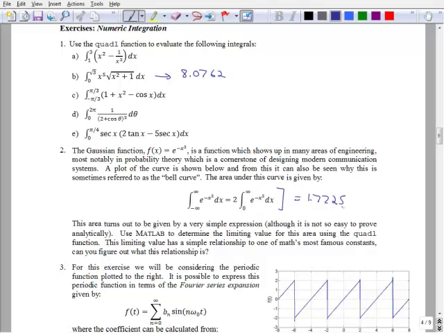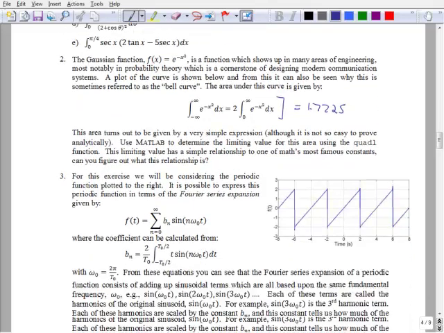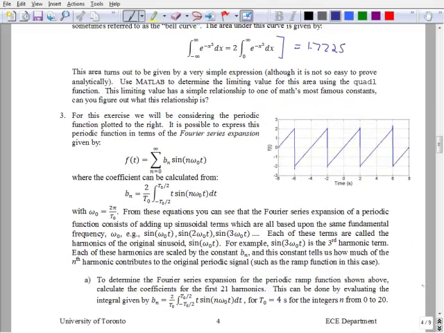So this last part of this numeric integration exercise deals with Fourier series expansion, and this is a very interesting idea where you can expand any periodic function f of t in terms of a collection of sine waves, and these sine waves are built upon a single or a fundamental period.